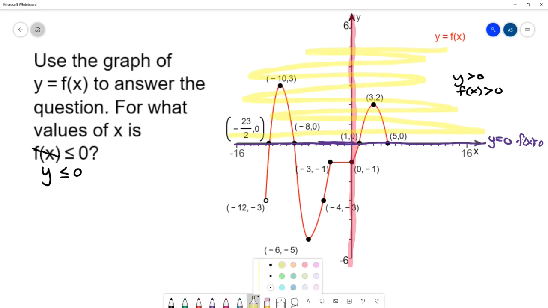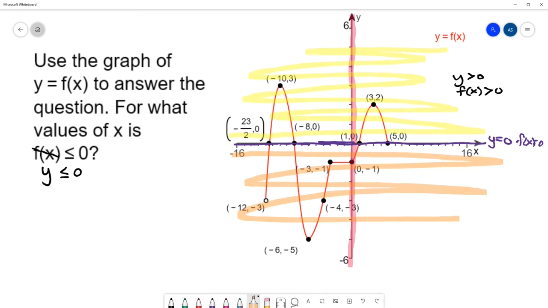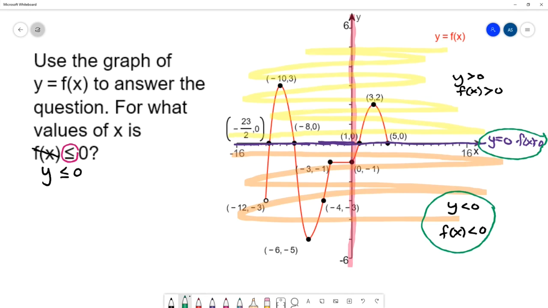And then anything below the x-axis will have y being less than 0, or f of x being less than 0. So this question is asking for when y is less than or equal to 0. So we want to write down where the graph is on the x-axis or below the x-axis. That's less than or equal to 0.